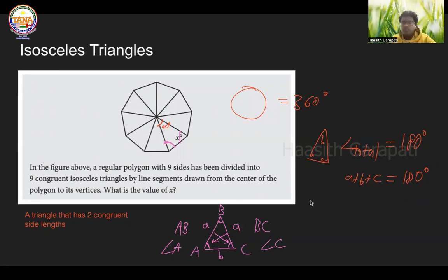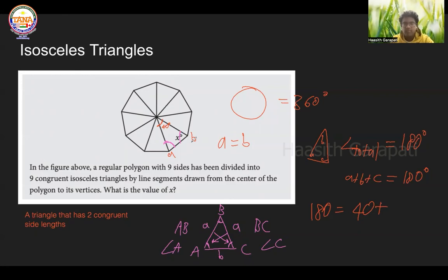That means we know that 180 is equal to 40 plus, let's just label these angles as A and B. And we know that angle A is equal to B because these are isosceles triangles, right? And that means that the 2 angles that correspond to the isosceles sides are congruent.